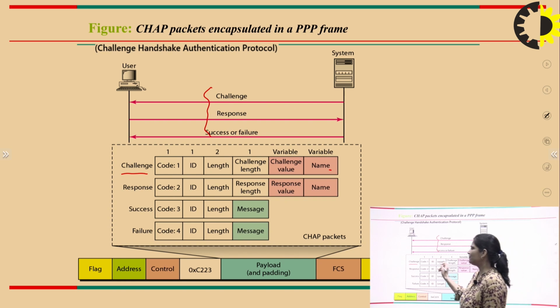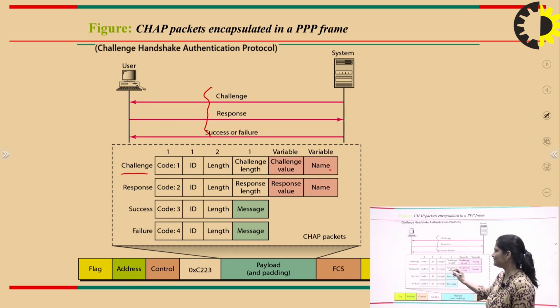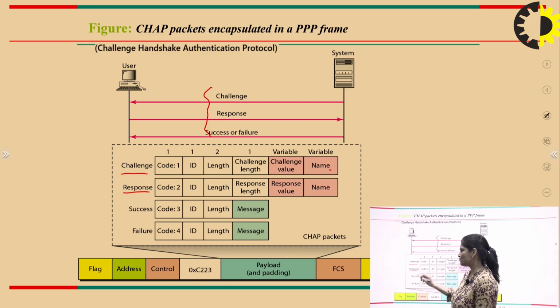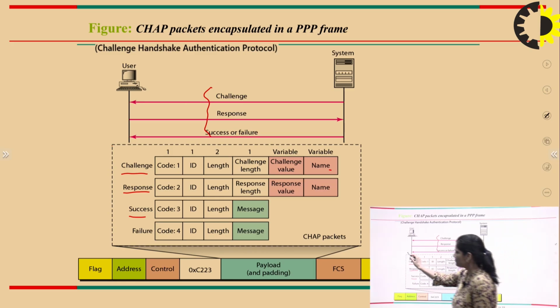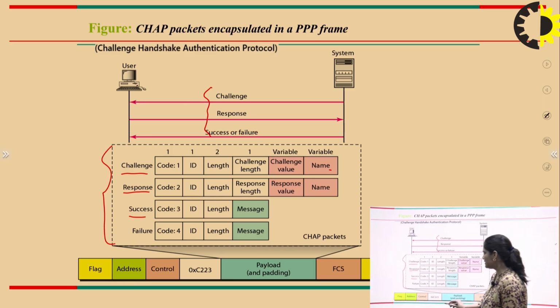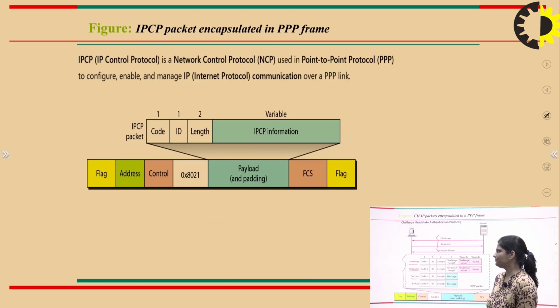For the response: code 2, ID, length, response value and name. For success: code 3, ID, length, message. For failure: code 4, ID, length, message. All these fields are present in the data in the case of a CHAP packet.